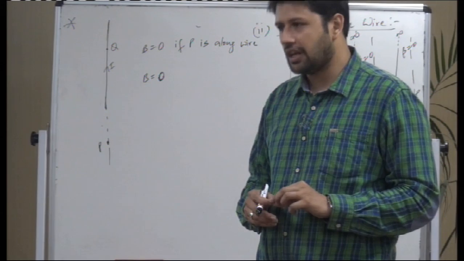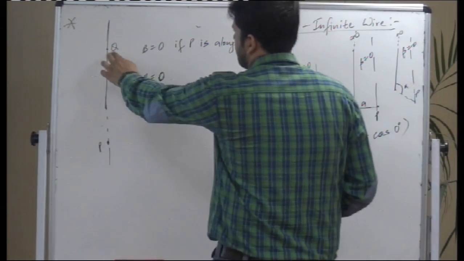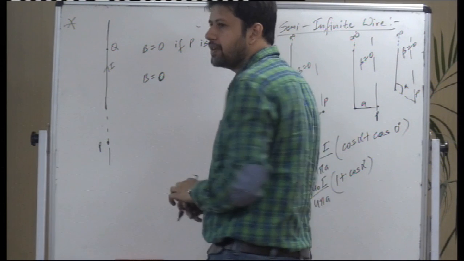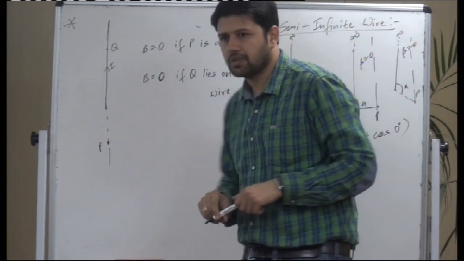You cannot calculate the field on the wire itself. Just near the wire, the field would be very large, but on the wire itself, the field is taken as 0. So B is 0 if Q lies on a thin wire. What happens to a thick wire we will see in some time.